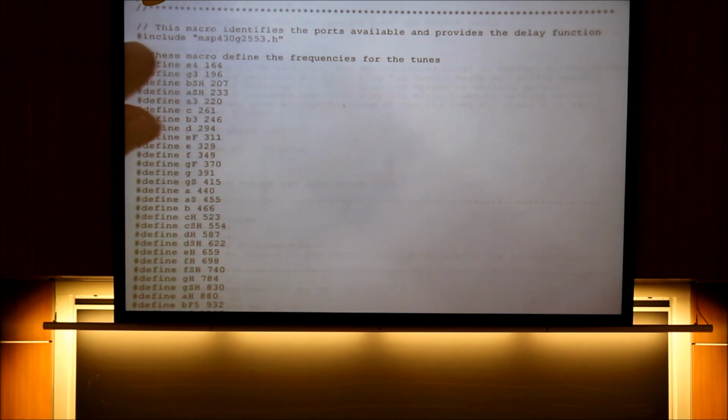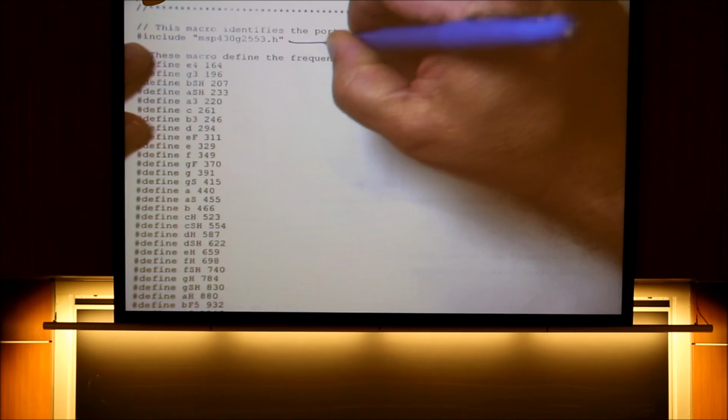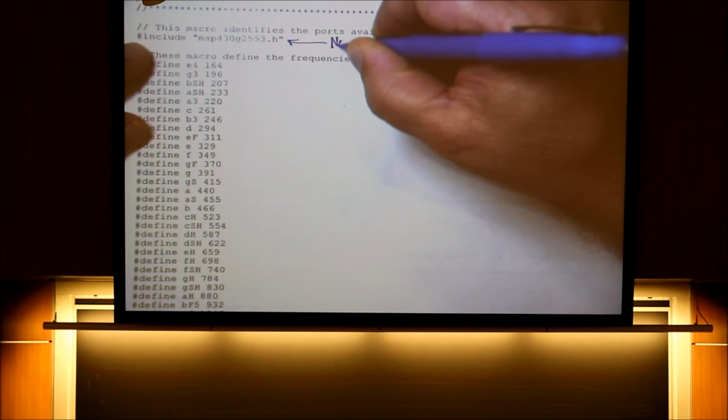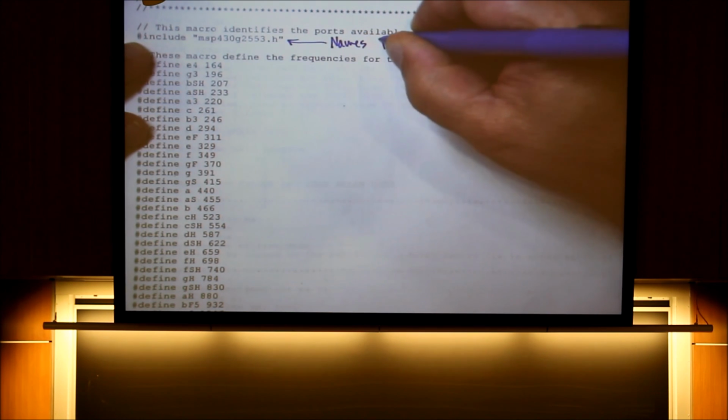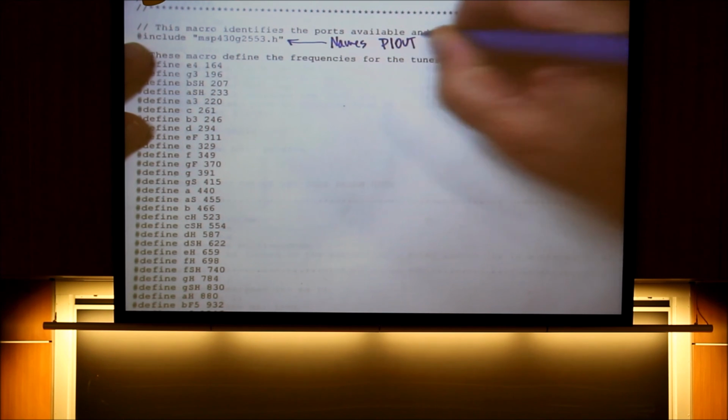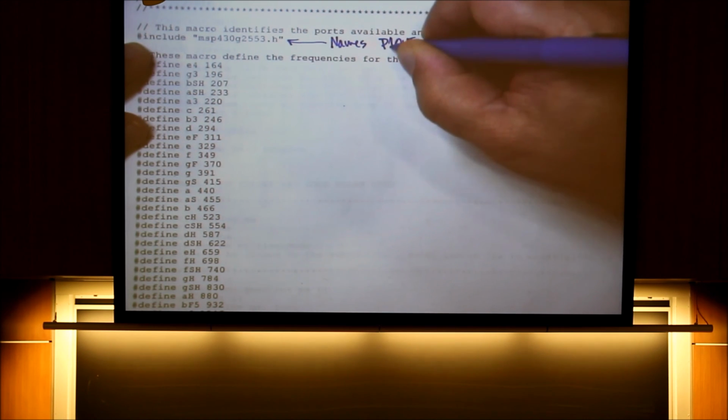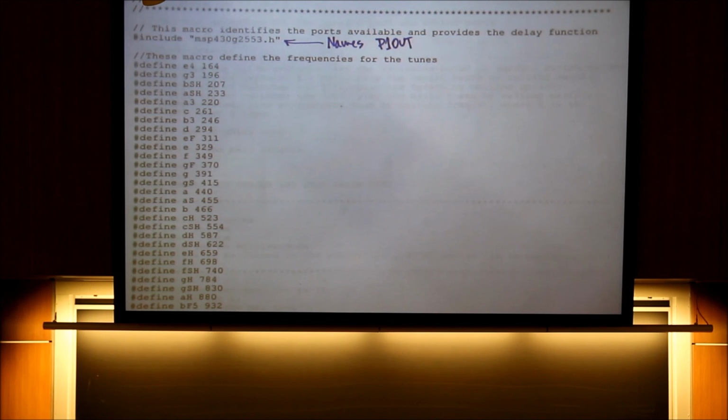Okay, it's a library, but what does this particular library give you? All right, it actually names things like your P1 out. Because in microcontrollers, it actually has an address and a memory address.